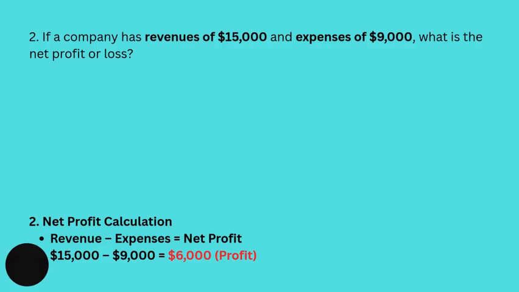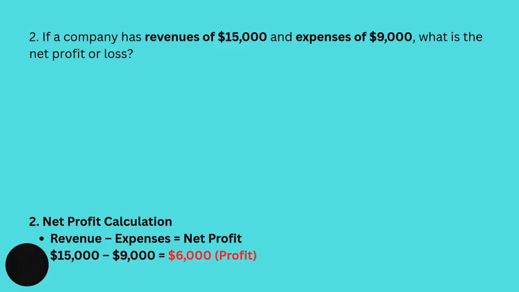Now let's look at calculating net profit. We have revenues of $15,000 and expenses of $9,000. The formula we use is simple. Revenue minus expenses gives us the net profit.